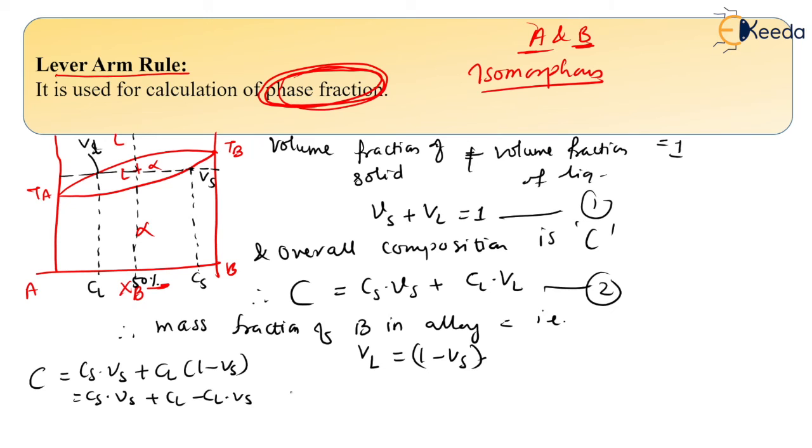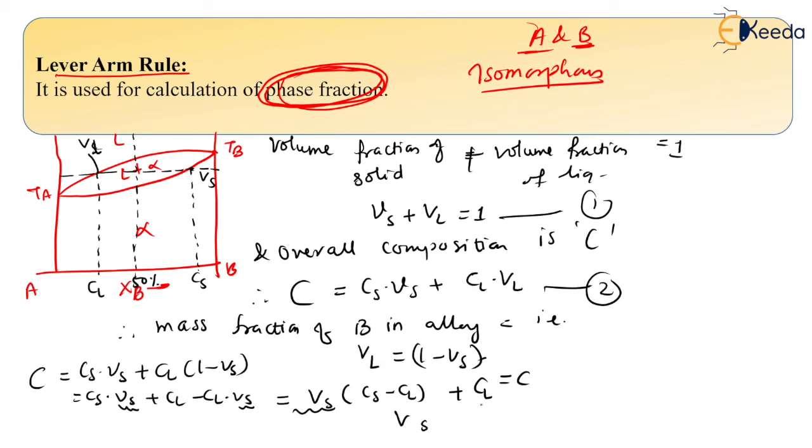So what can we do here? See, this is Vs and here is Vs. I can take Vs out into a bracket: Cs minus Cl, plus Cl, and this is equal to C. So dear students, if I want to find out the volume fraction of solid, Vs, I can now find it.